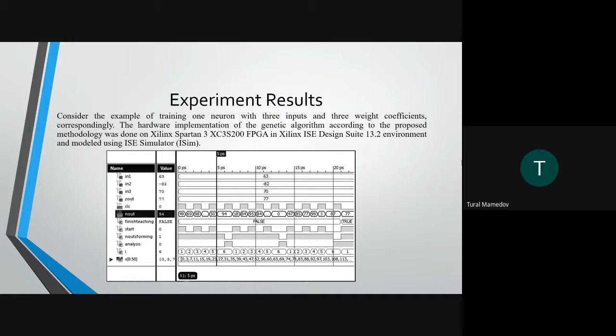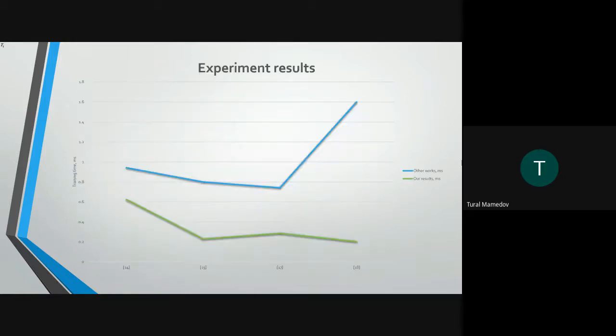And actually, I want to show you the comparisons that were made with other works. The comparisons were made with the highest similarity of parameters and implemented on the same chip.